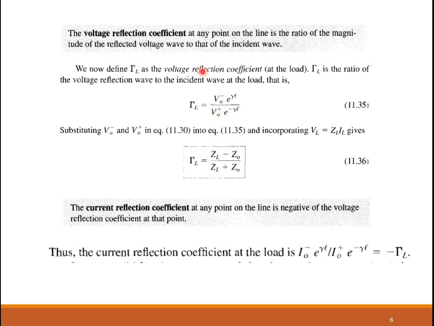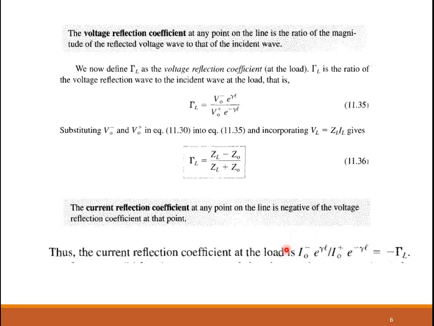There are two expressions. One is this. If you're writing it in terms of the load impedance and the characteristic impedance, you can also write this as the expression for the voltage reflection coefficient. Similarly, the current reflection coefficient at any point is the negative of the voltage reflection coefficient.